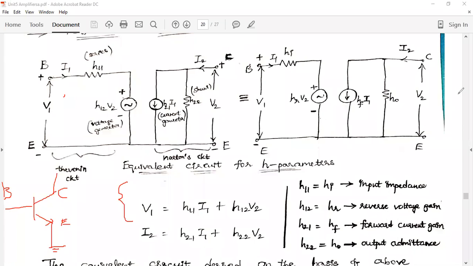H parameters I am going to calculate with respect to this common emitter configuration. This is the base terminal. This is the input circuit side. This is across the input side, the base terminal, and this is the collector terminal. This is across the output side, and the emitter terminal is at ground. This is the emitter terminal. This is common between input and output. This terminal is common between input and output.